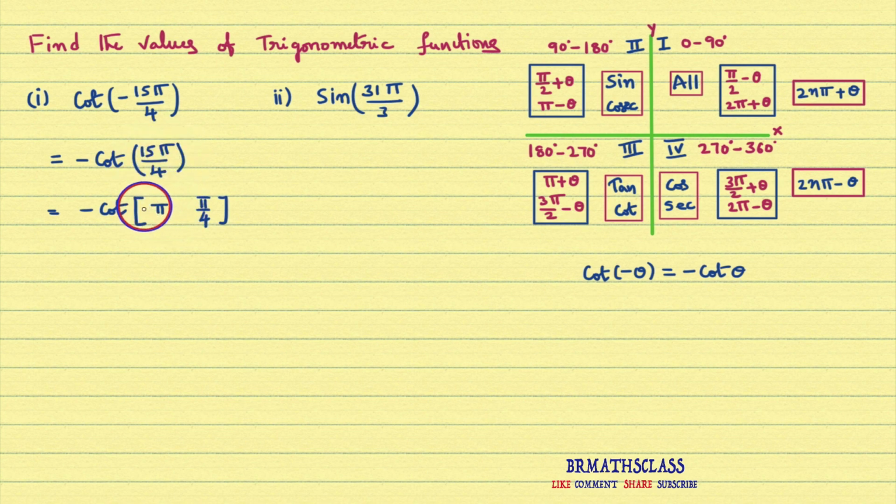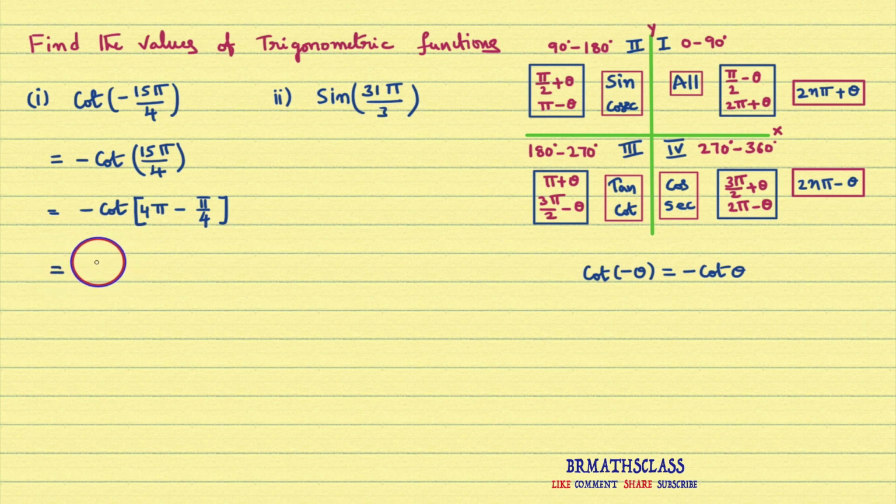So I'll start writing natural numbers here: 1, 2, 3, and then I'll check how we will get 15 pi by 4. If I write 4 here, 4 4s are 16 pi. I need 15 pi. If I write minus here, 4 4s are 16 pi minus pi, 15 pi by 4. I hope you are understanding.